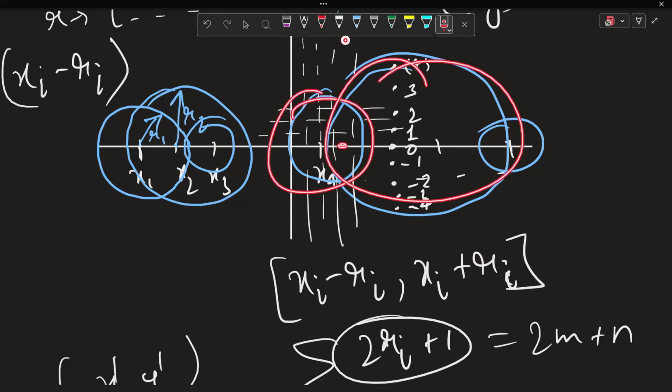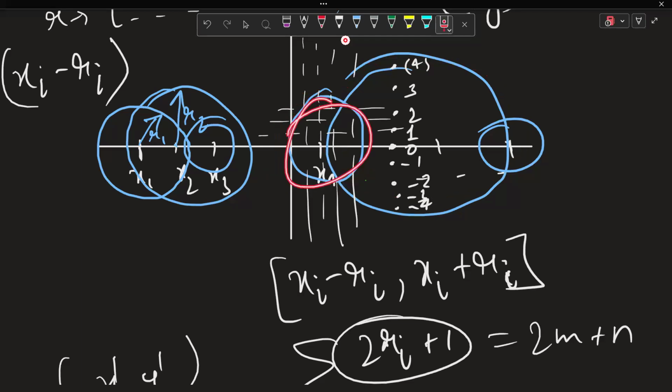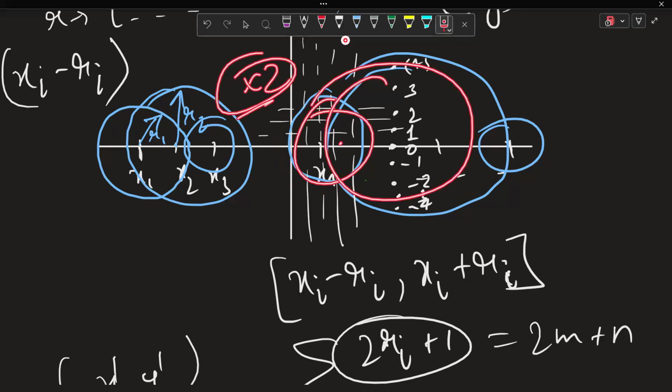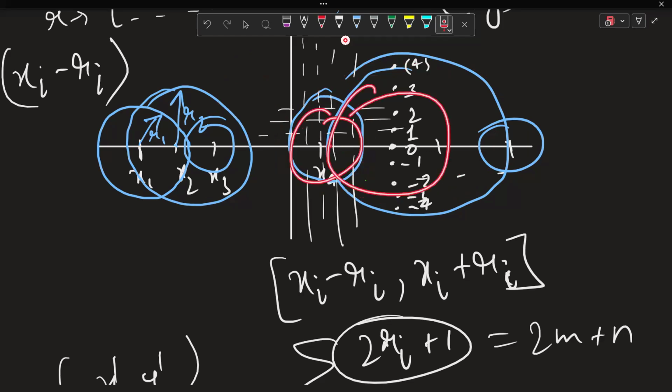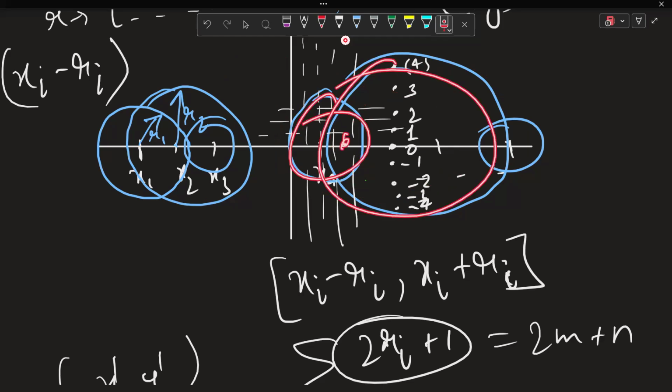When you are in this range, you have to check for this circle also and this circle also. If you are checking for 2 circles, you are running 2 iterations. Why are you running 2 iterations? Because there is some intersection between the 2 circles.